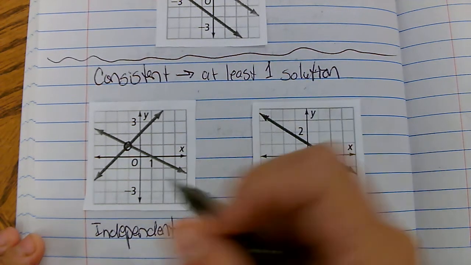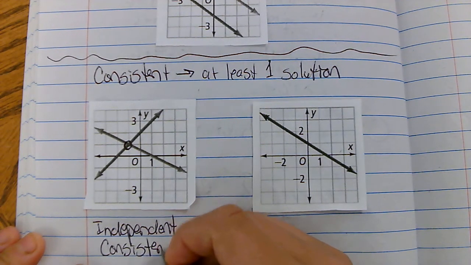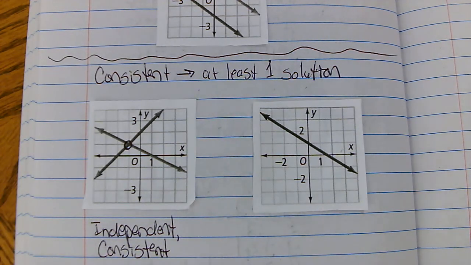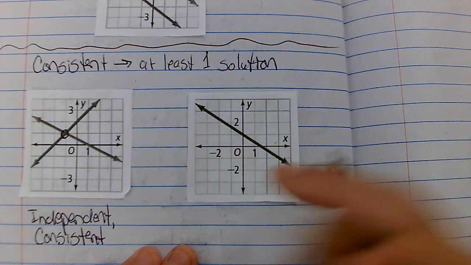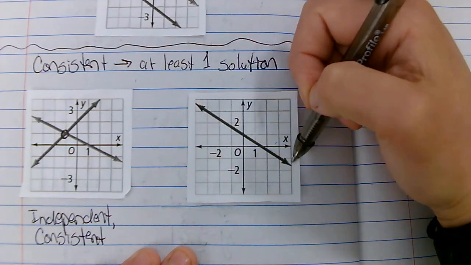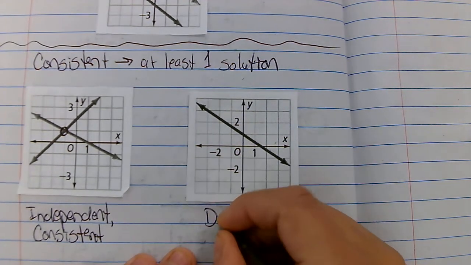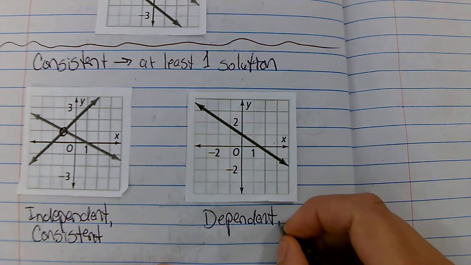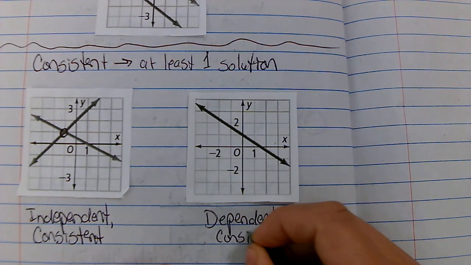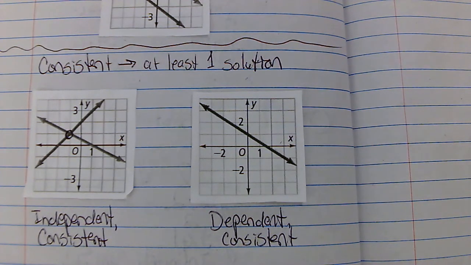So it's independent because there's only one solution, and it is also consistent because they intersect at least one point. This one has infinitely many solutions because this is two overlapping lines. They're the same line, so this is what we call a dependent system, but it is also consistent because there is at least one solution. There's actually more than one, but there is at least one.